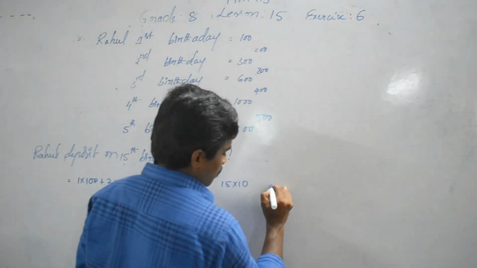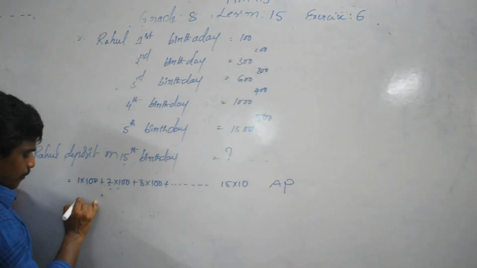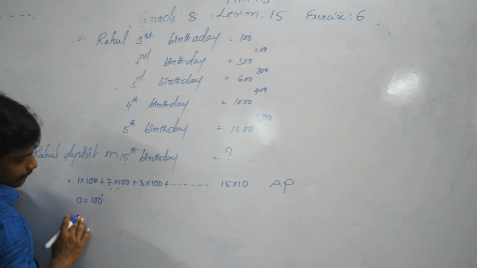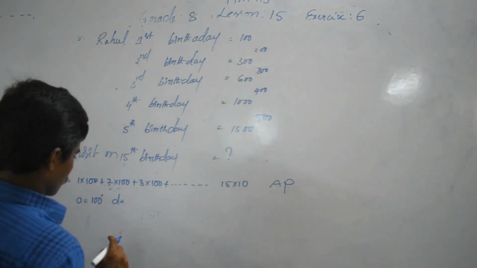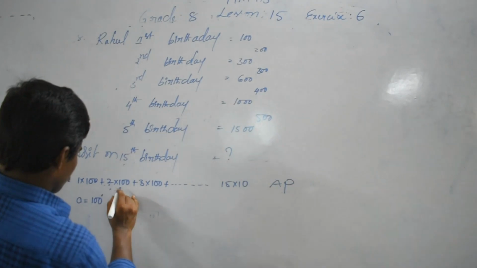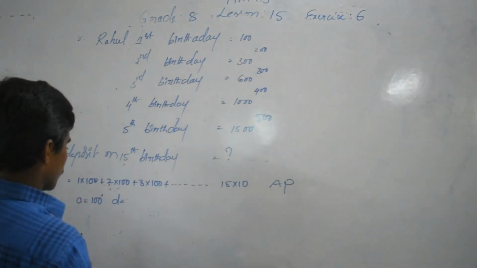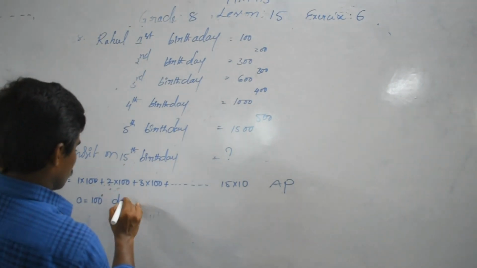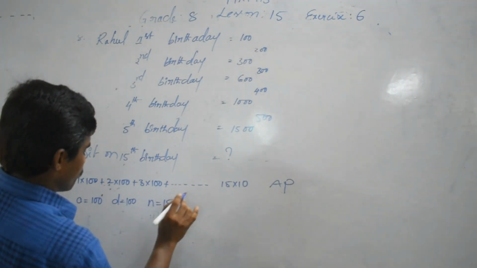This is an arithmetic progression, AP. So here the first term a equals 100, the difference d equals 100. Next n equals 15.